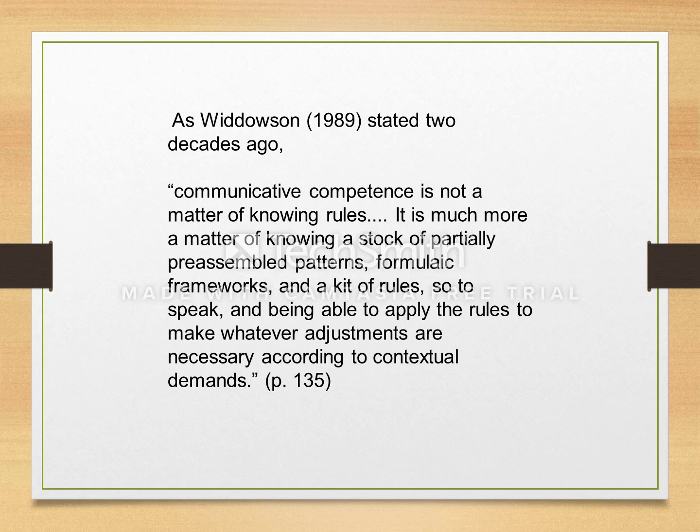It is not just a matter of knowing grammar and grammatical and syntactic rules. He said, it is much more a matter of knowing a stock of partially pre-assembled patterns, formulaic frameworks, and a kit of rules, so to speak, and being able to apply the rules to make whatever adjustments are necessary according to contextual demands.